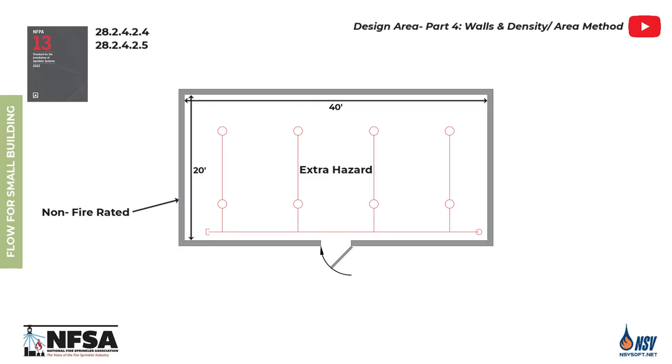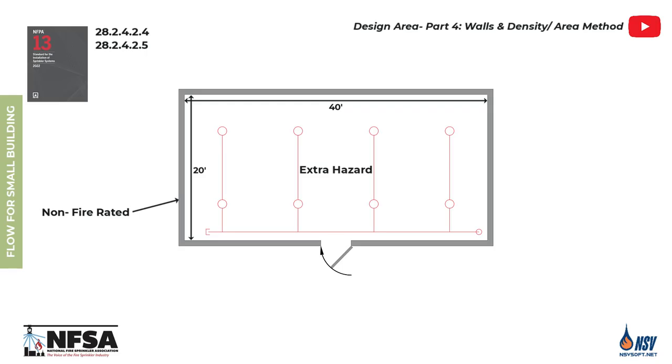According to Roland Asp, the language of the standard provides 2 possible paths to avoid adding the phantom flow. The first approach is to apply the density area method and use section 28.2.4.2.4 to calculate only the sprinklers located within the available design area. In this case, all sprinklers inside the 800 square foot building.